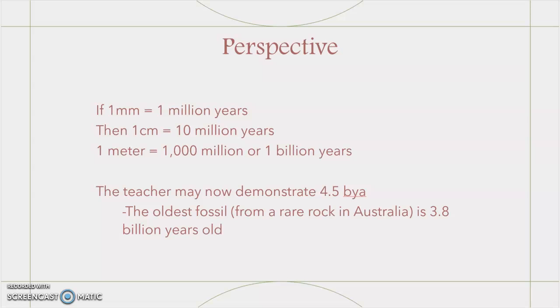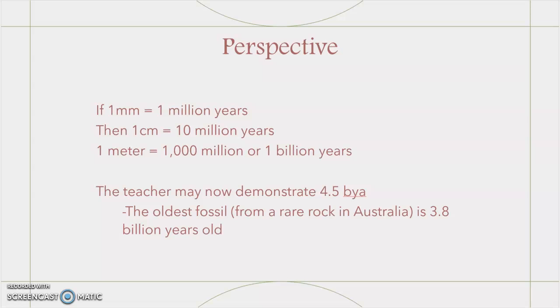All right, I want you to look back at that strip of paper. There is a little bit that we need to understand because we're going to actually measure out that history.